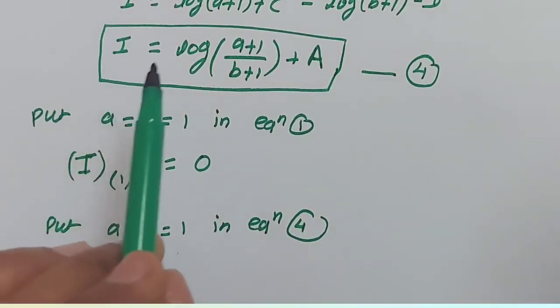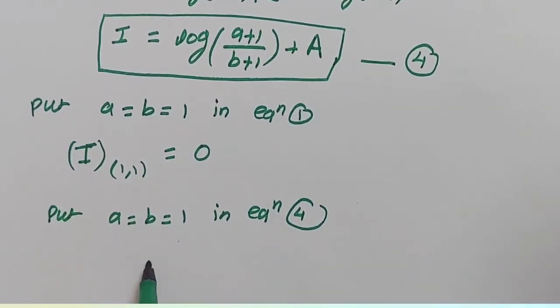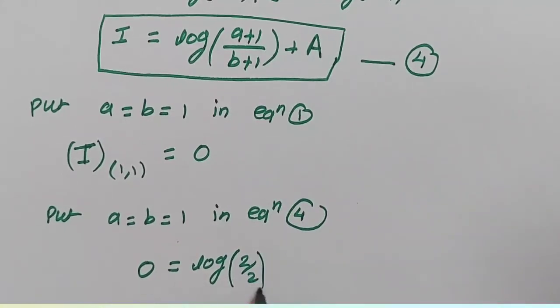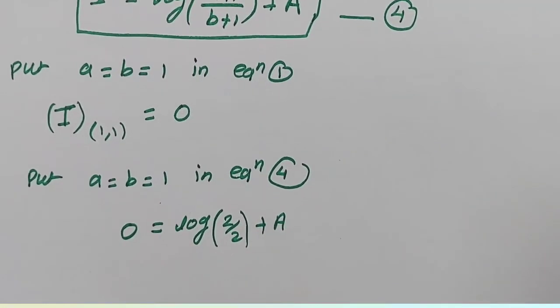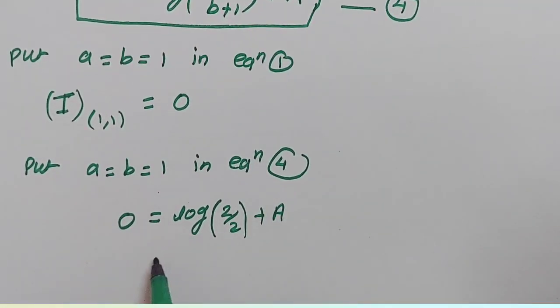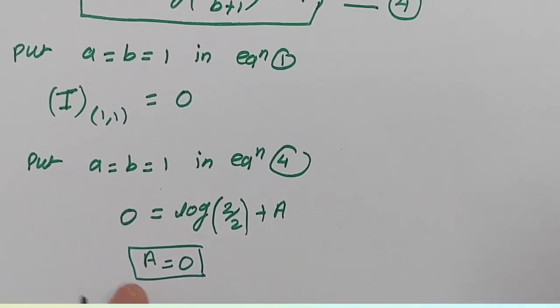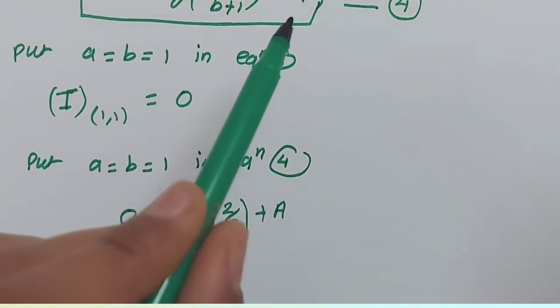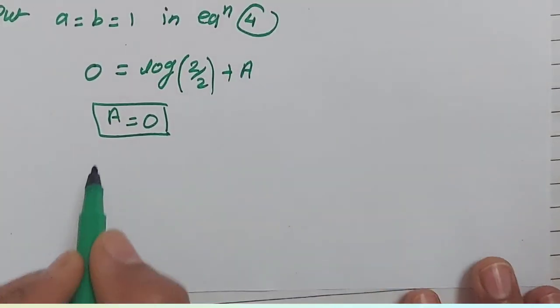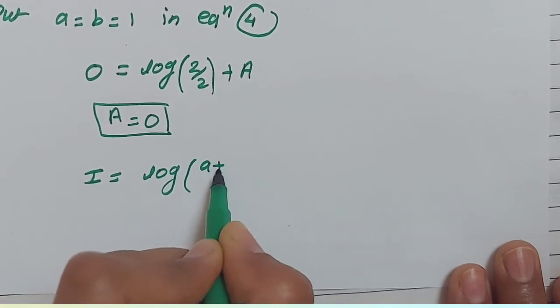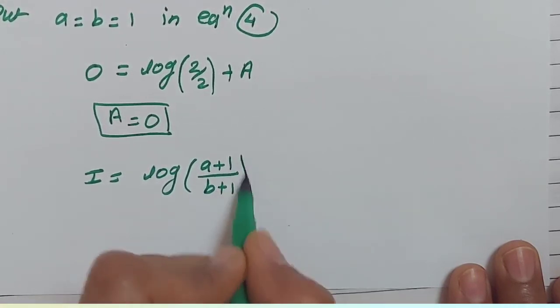Then here I at (1,1) is 0, so left hand side is 0, right hand side is log of (1 plus 1) divided by (1 plus 1) plus E, and it is log of 1, and we know that log of 1 is 0, so here E equals 0. Put this value of constant in equation number 4, then final answer of our integral is I equals log of (a plus 1) divided by (b plus 1).